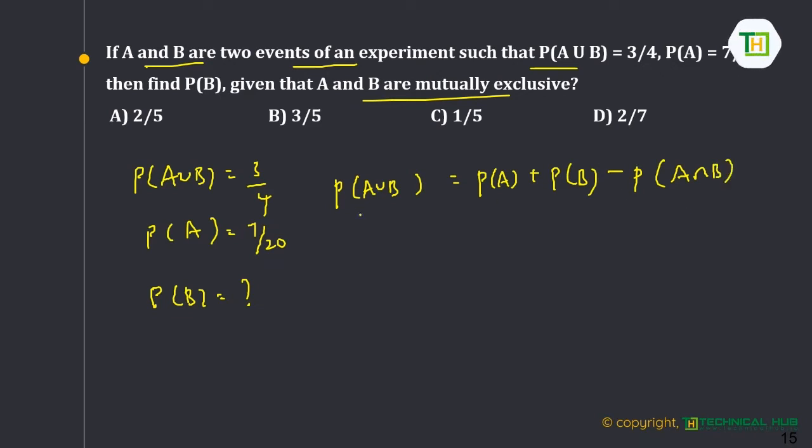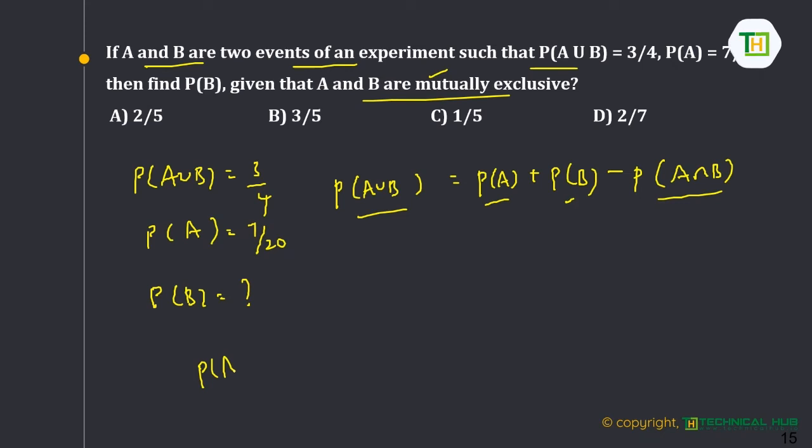Here P of A union B is given, P of A is given, P of B they're asking, and we don't know P of A intersection B. So remember, whenever events are mutually exclusive, P of A intersection B is equal to 0.